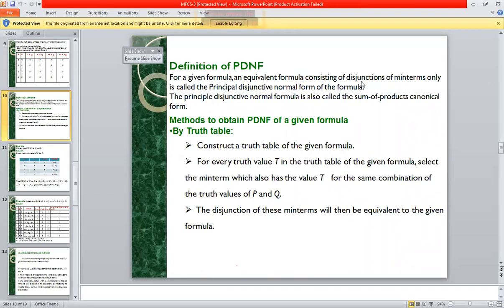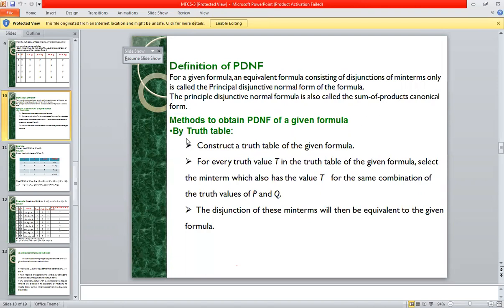Disjunction means what symbol are we using? Or. Sum of minterms only. Minterms contain products, the conjunction operator. So disjunctions of minterms is called principal disjunctive normal form. Simply, sum of products or disjunctions of minterms.